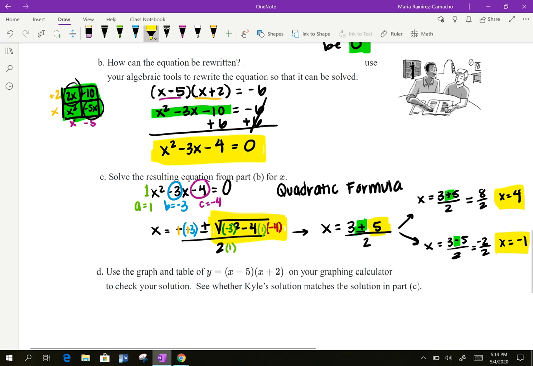Last but not least, part D says use the graph and table of y equals (x minus 5) times (x plus 2) on your graphing calculator to check your solution.